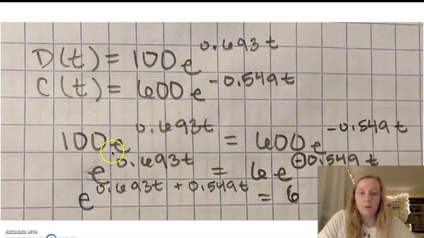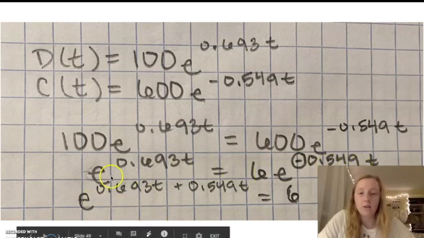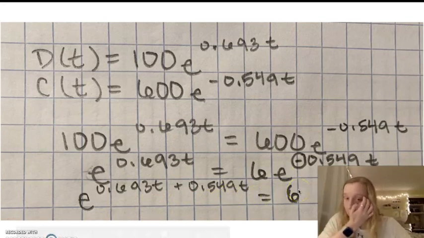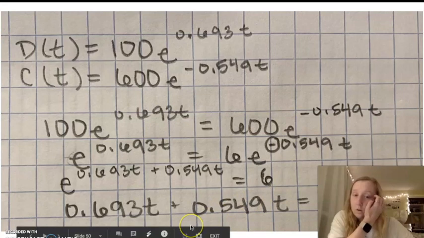So we divided by 100 and then divided by e to the negative 0.549 t. That way we have all of this on one side and just the 6 on this side. From here, we can do ln of both sides.